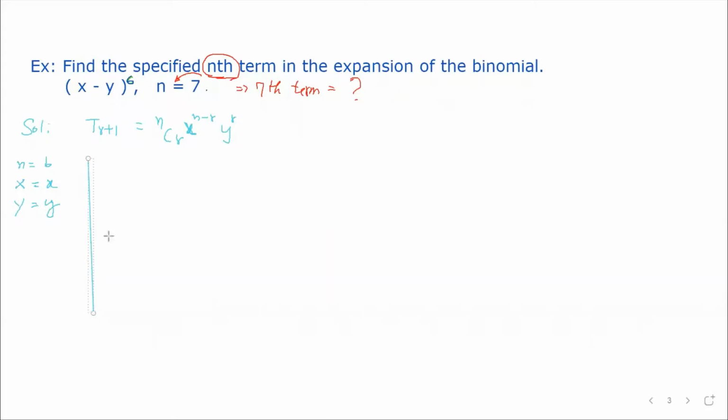Now we start to find out and try to get the answer. So then replace this one, r again, r unknown, right? Plus n is 6 now. C, r is unknown.